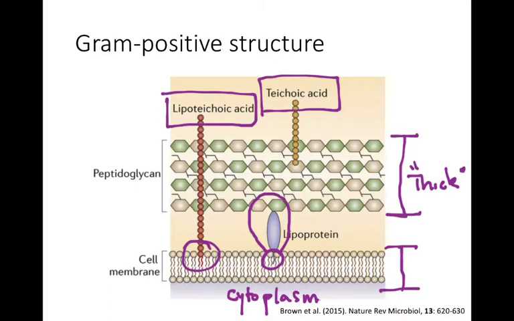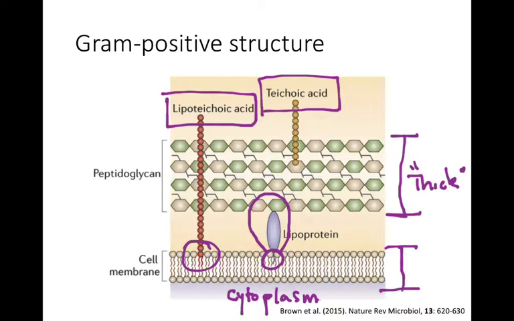The exact purpose of teichoic acid and lipoteichoic acid is not entirely understood. However, deletion of genes that encode for these particular acids will lead to the death of the cell. So they are required for viability of gram-positive bacterial cells.